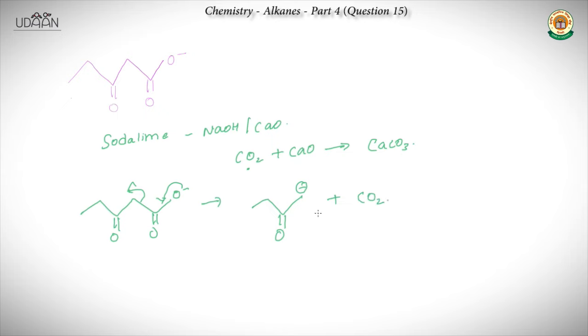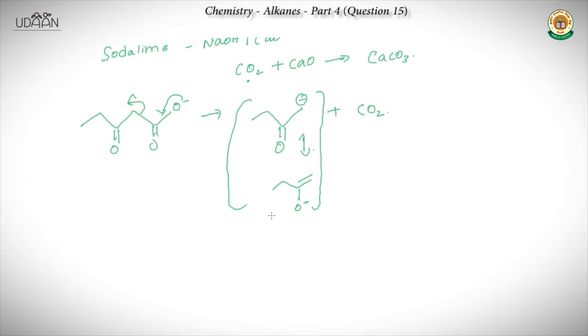Now if you see, this negative charge is in conjugation with this double bond, so you can have a structure like this one. So the formed carbanion intermediate is highly stabilized by the presence of a strong electron withdrawing group, which is C double bond O. So it's because of this that this is highly reactive.